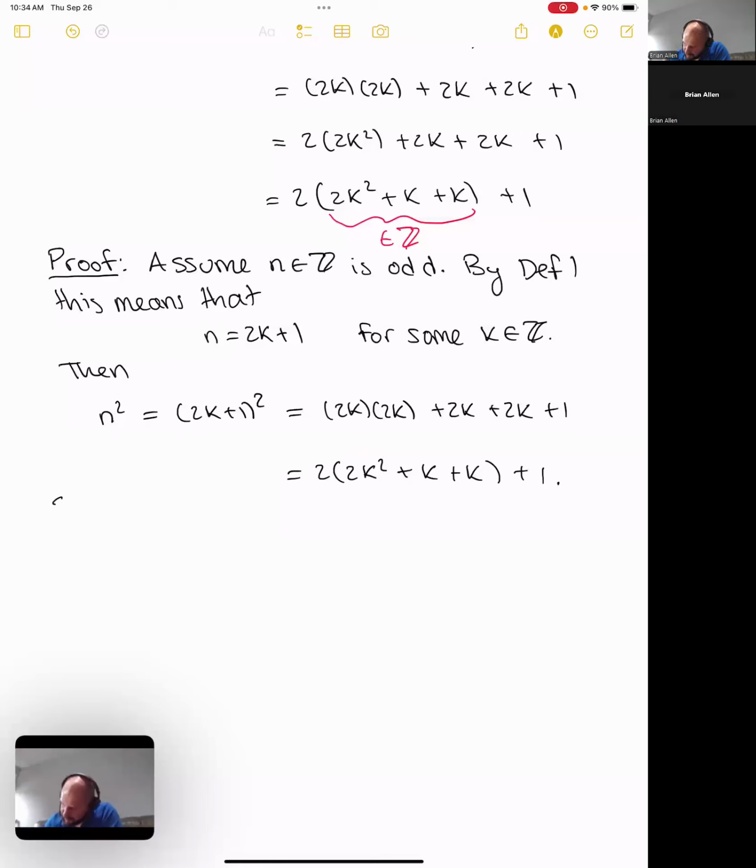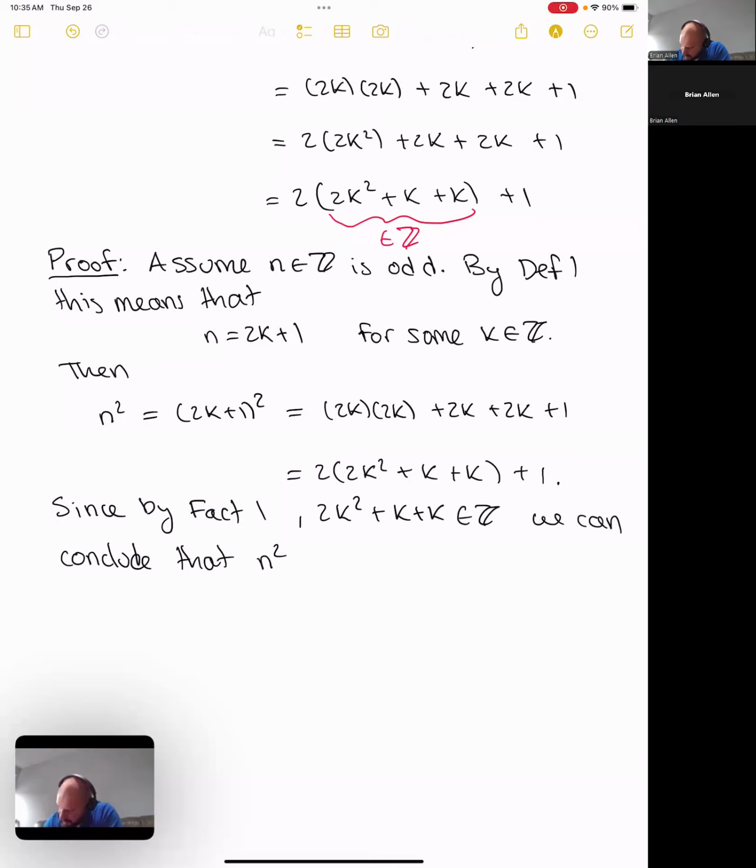So since by fact 1, 2k squared plus k is an integer, we can conclude that n squared is odd by definition 1. Okay, and that's what we're trying to prove.